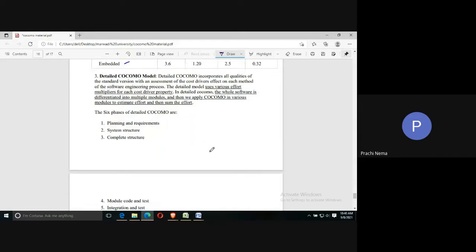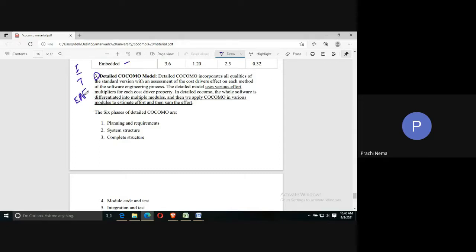And the last type of model is the detailed COCOMO model. In basic, we had just the formula of effort and time. In intermediate, we had effort, time and one more factor, that was EAF.